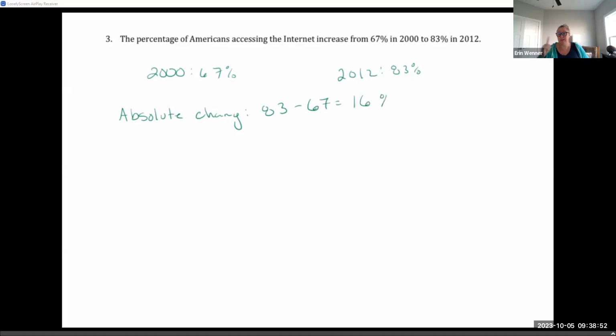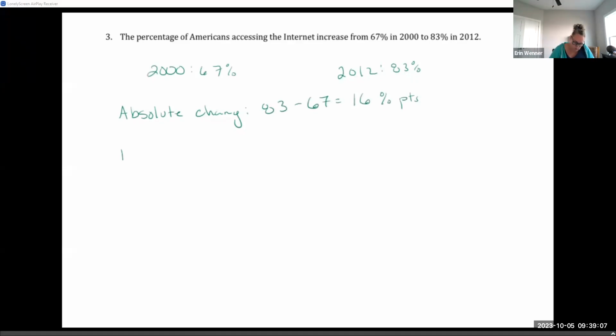That doesn't mean it changed by 16%. That's just the increase in percentage points. We have to actually calculate the relative change in order to figure out what overall percent this increased by. So the relative change is really the more relevant thing here, okay?